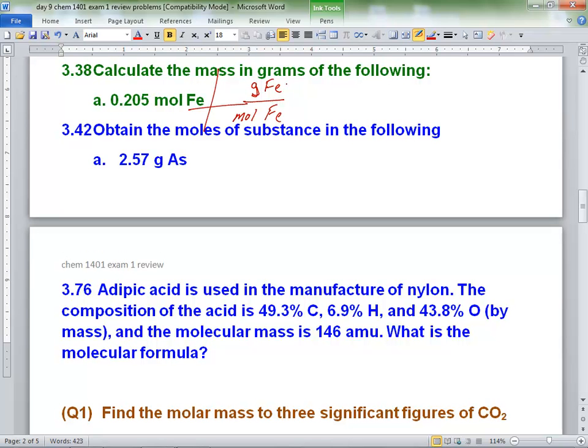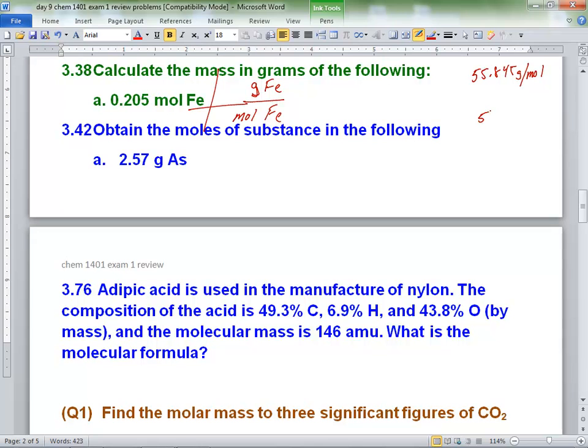Right? So all these red numbers have units of what? Grams per mole. Right? And when we say grams per mole, like iron was 55.845, that really doesn't help. Because how does that fit in the question?